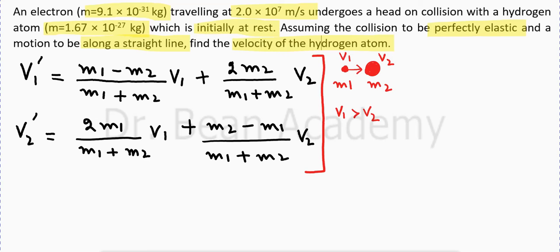So they will collide, and if this collision is elastic, they will have certain velocities after the collision. Let's assume their velocities after the collision are v1 prime and v2 prime. Of course the masses are the same because there will be no change in their masses.